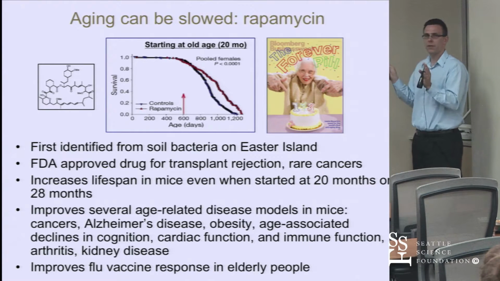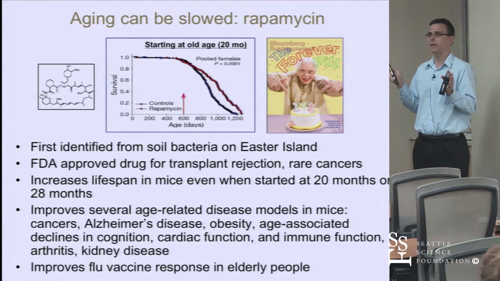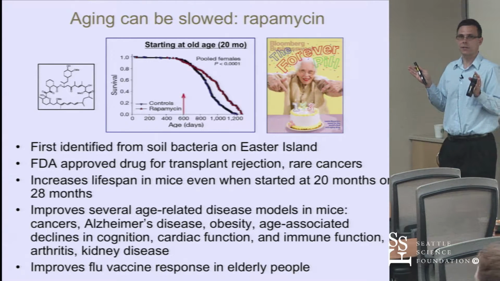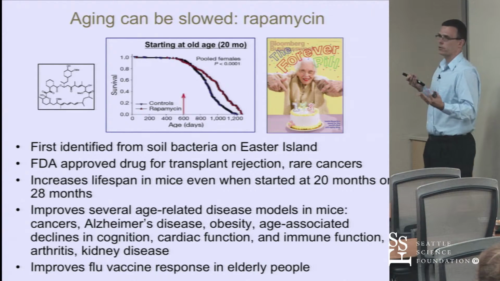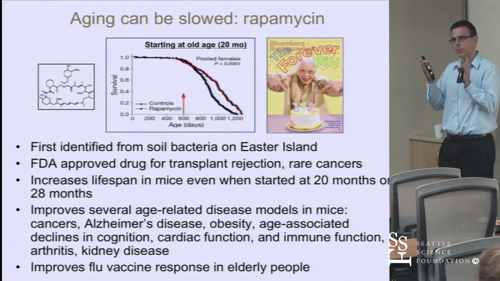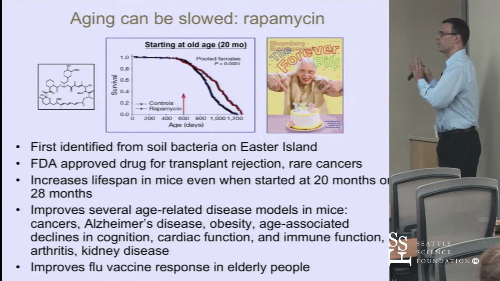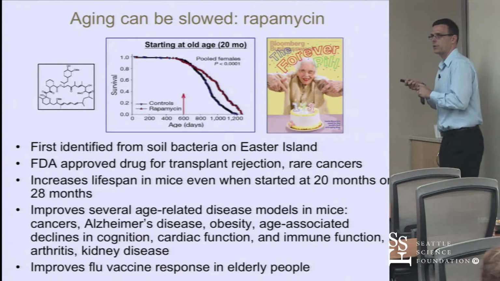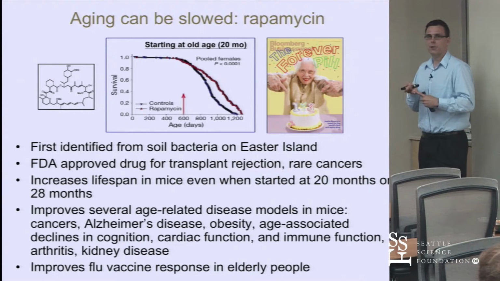Importantly, lots of other follow-up studies have suggested that you can also get improvements in a variety of age-related diseases in mice by treatment with rapamycin. So in mouse models of a variety of cancers, mouse models of Alzheimer's disease, we can debate the merits of whether those are really Alzheimer's disease models, but certainly in 2 different models of Alzheimer's disease, rapamycin has been shown to improve outcome, obesity, age-related declines in cognitive function in mice, cardiac function, immune function.